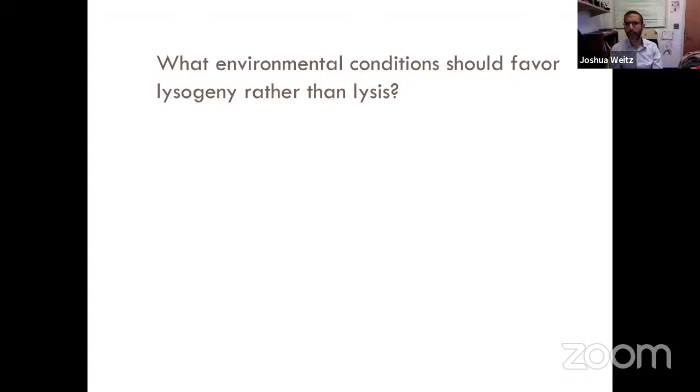And so I think this question of what environmental conditions should favor lysogeny rather than lysis is a good one. And I can imagine there are circumstances in which there may not be one monolithic answer to this question. But nonetheless, I'm going to try at least to build a conceptual foundation for how we could begin to address it.